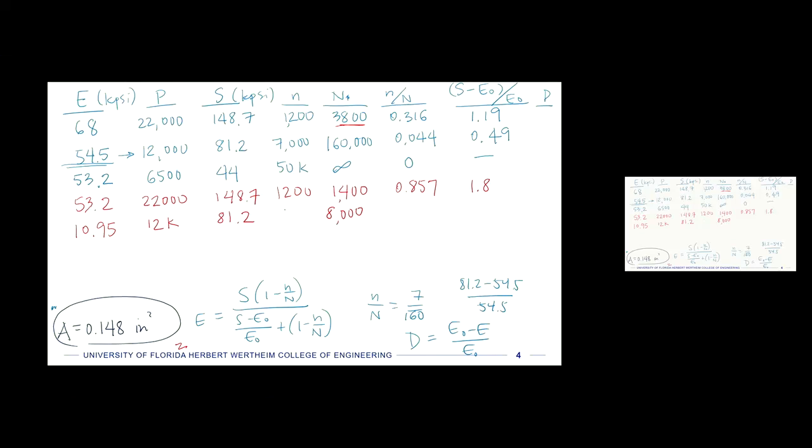Okay, because now our entire curve is shifted down 58 kpsi on that axis. So we dropped from being able to withstand 160,000 cycles to 8,000 cycles at the same applied stress level. And we're applying 7,000, so 7 divided by 8, 0.875.